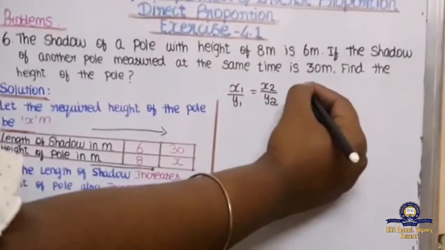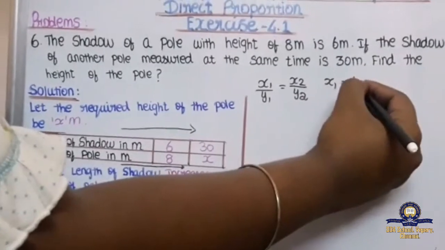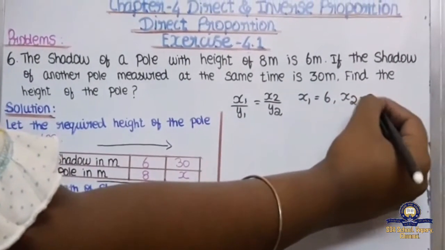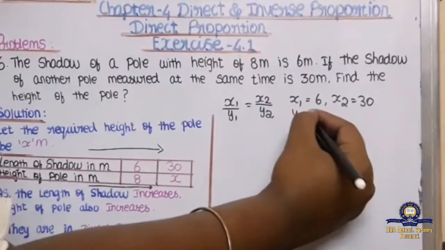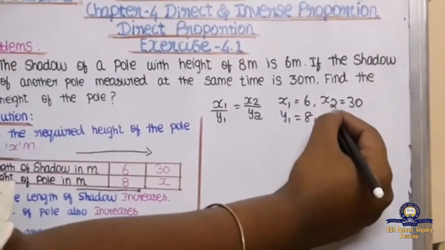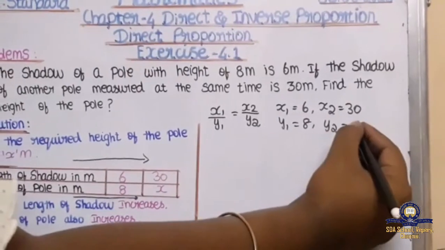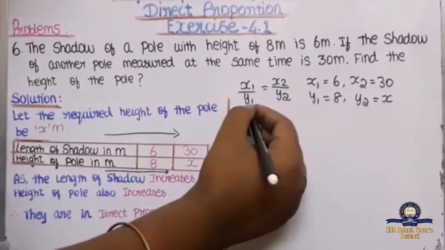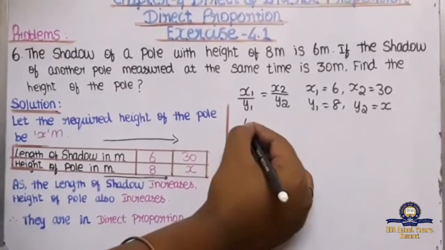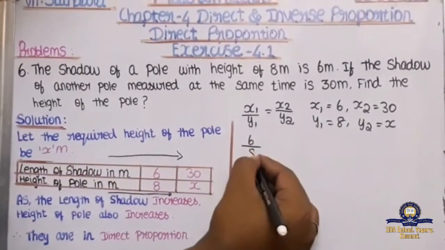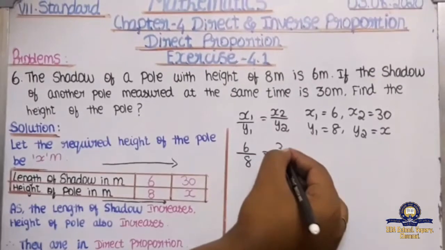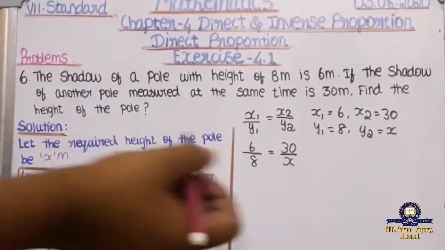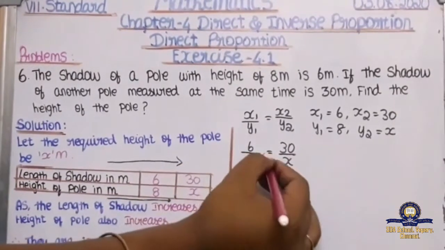So, x1 is equal to 6 and x2 is equal to 30. y1 is equal to 8 and y2 we didn't know, so we denote that as x. Now, we need to substitute the values. x1 which is 6 divided by y1 which is 8, equal to x2 which is 30 divided by y2, represented as x. Now, we need to do the cross multiplication.